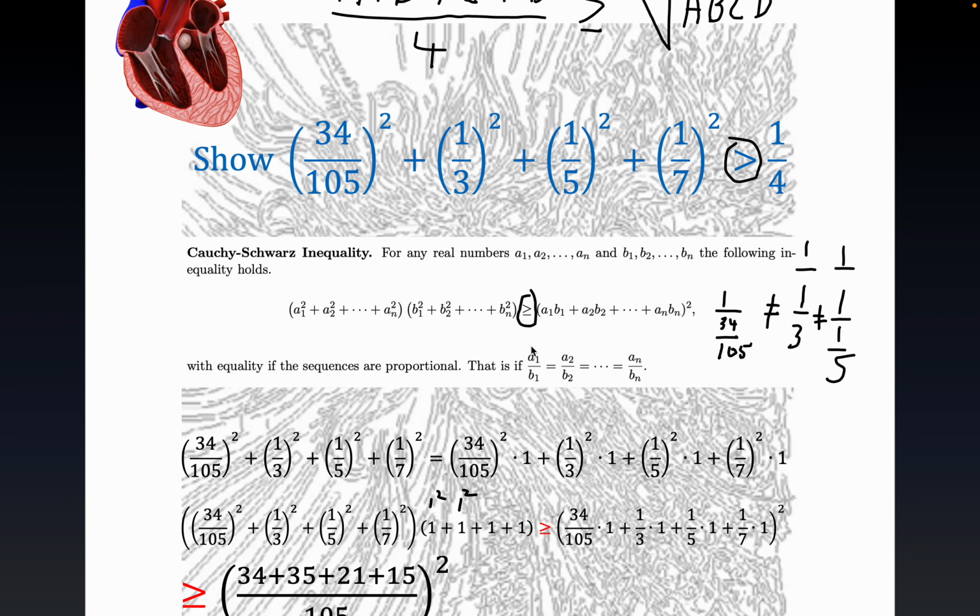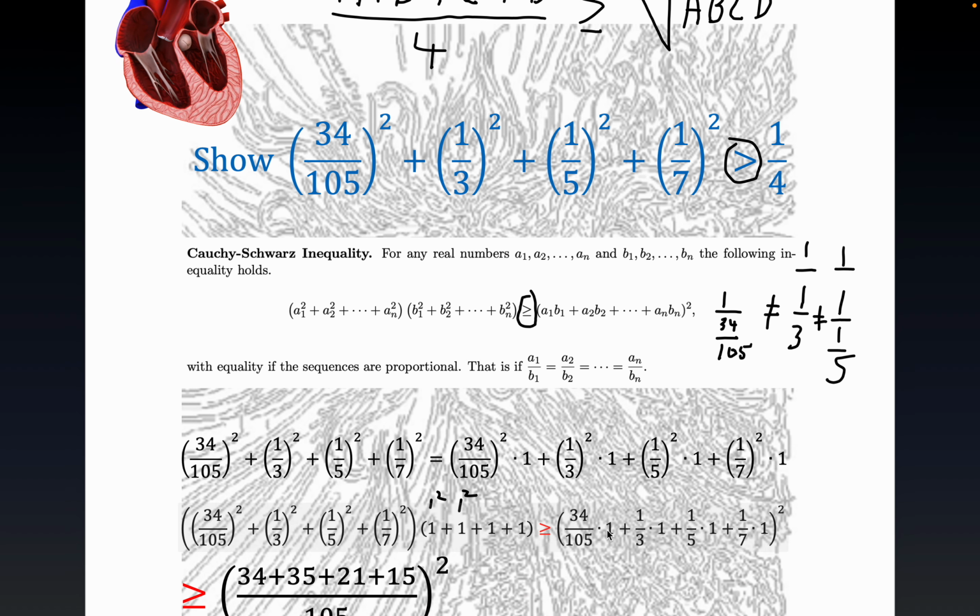And again, what I've done is I've written this side and this side exactly in the form that you see. There's not much to say about it really, but you can see why the 1s are very important for this type of setup. It seems like you're cheating, but it says for any real number, so you can pick 1s even if they're not visibly present in the original expression.